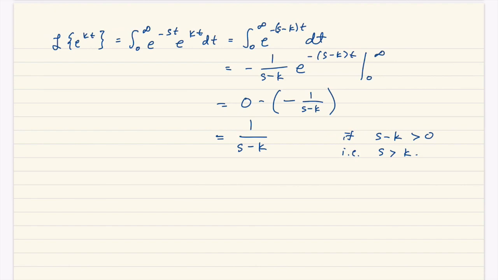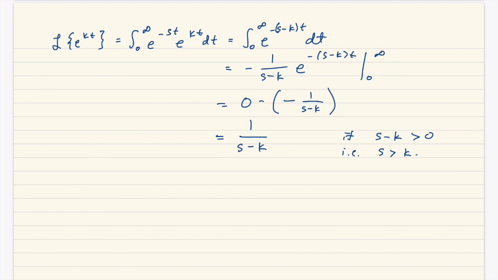This turns out to be a really nice Laplace transform to know, because you can do a lot with exponential functions. We're going to use this to find the Laplace transforms of the hyperbolic sine and cosine functions. We'll actually also use this to find the Laplace transform of cosine and sine. We've already seen what that is, but this is just another way to do it.